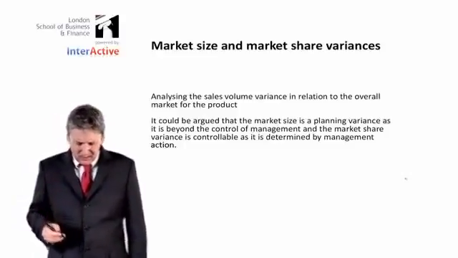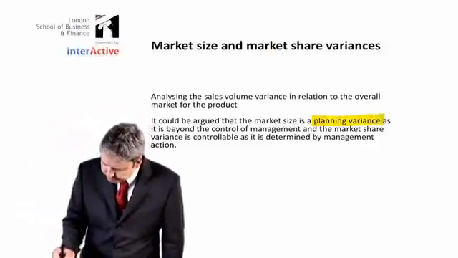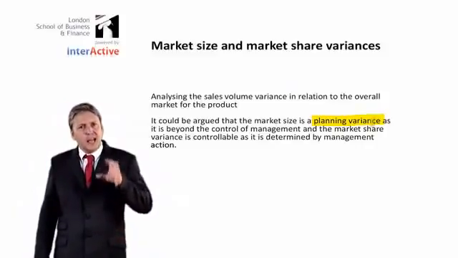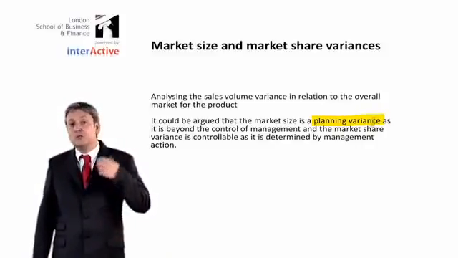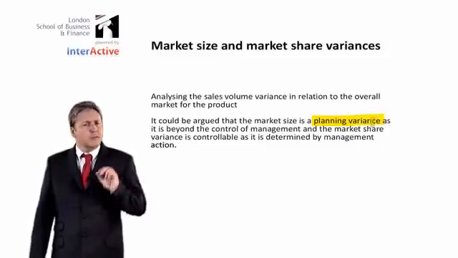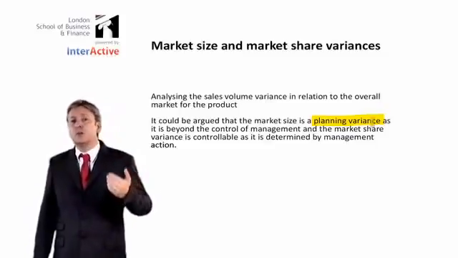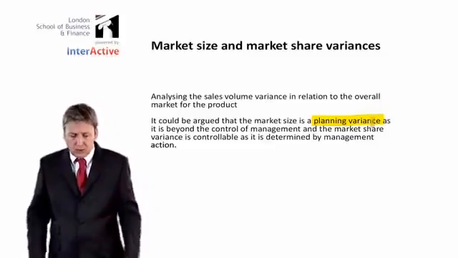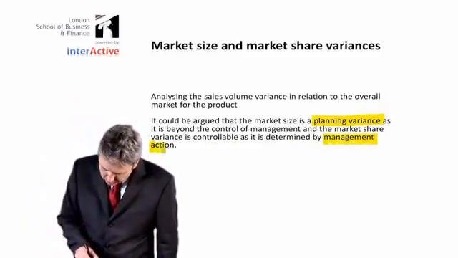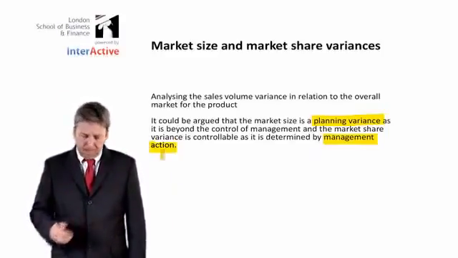So possibly we could say it's a planning variance. Whereas the market share is whether or not we have managed to retain our part of the market. Now, from that perspective, that is maybe more controllable and maybe the thing that we should focus on. So we would describe that as an operational variance within the control of management.